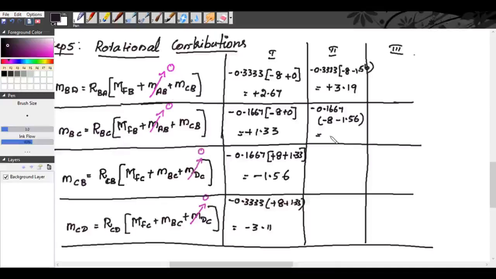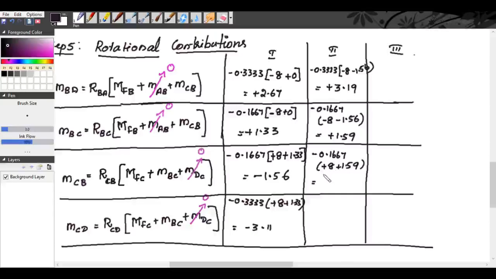So we get plus 1.59. Here it is minus 0.1667 multiplied by plus 8. Now for MBC, you have to use this value, plus 1.59, that is what you have obtained at the last step.